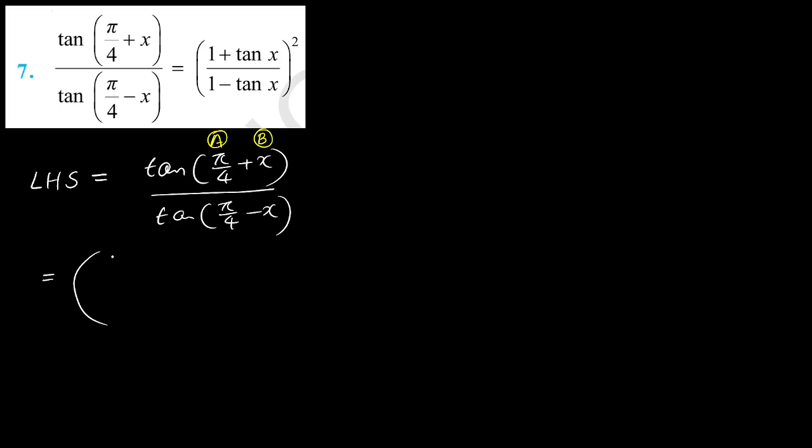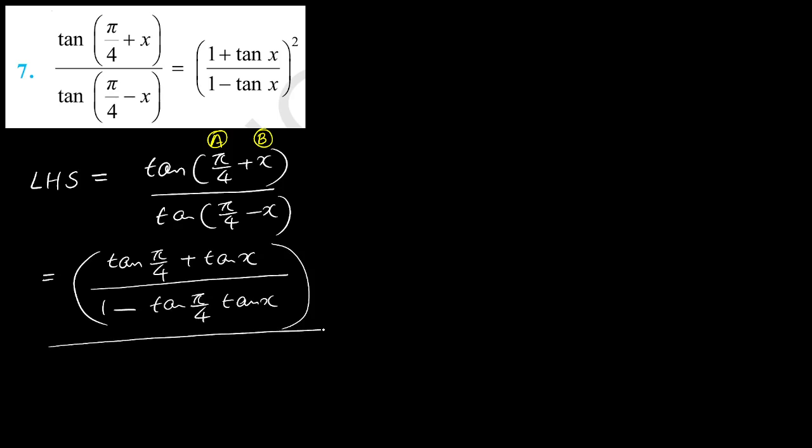Tan(a + b) is (tan a + tan b) by (1 - tan a tan b). This is tan(a + b), the numerator. The denominator is tan(a - b). What is the formula of tan(a - b)? Tan a minus tan b, all divided by 1 plus tan a tan b.